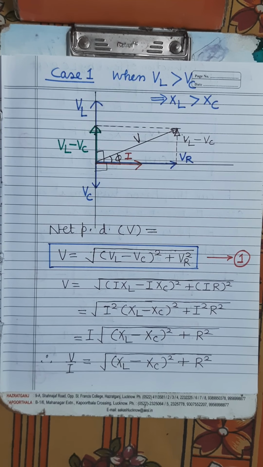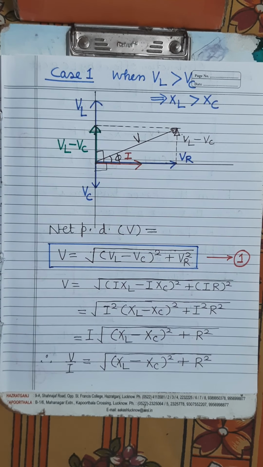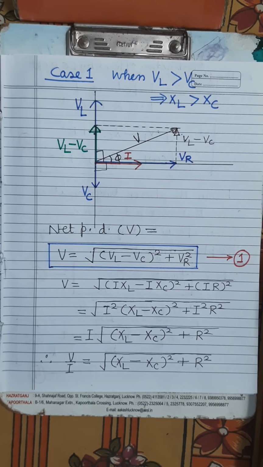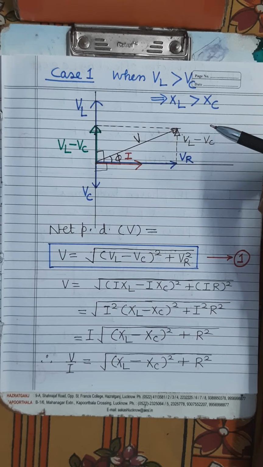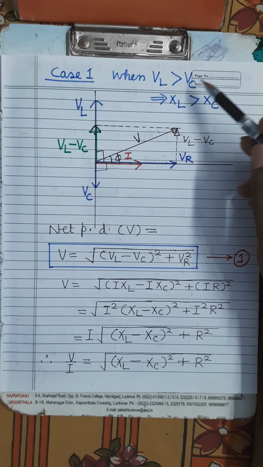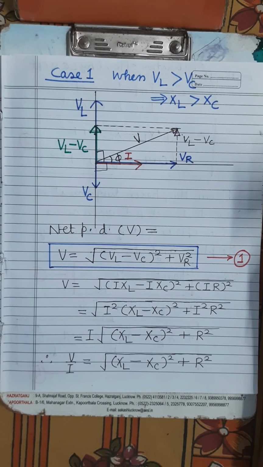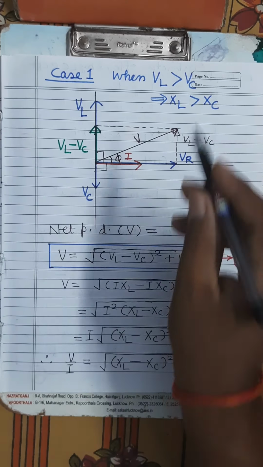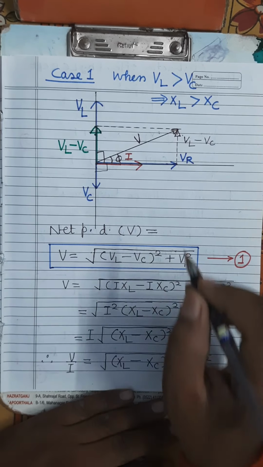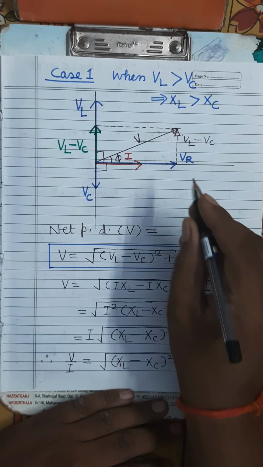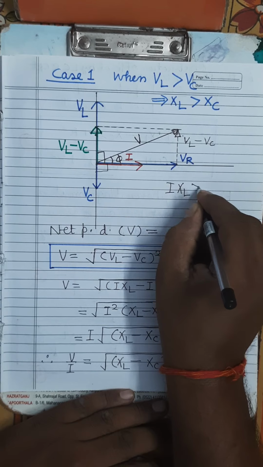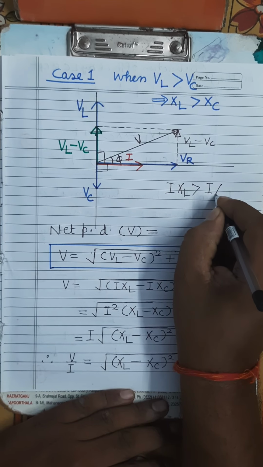So what will be the resultant of VL and VC? Here we have assumed that VL is greater than VC. It is also possible that VL is smaller than VC. Since VL is greater than VC, XL will be greater than XC, because VL greater than VC means I XL greater than I XC.